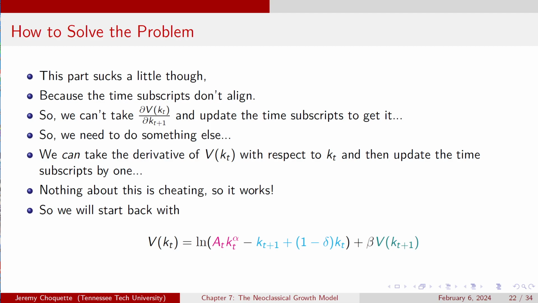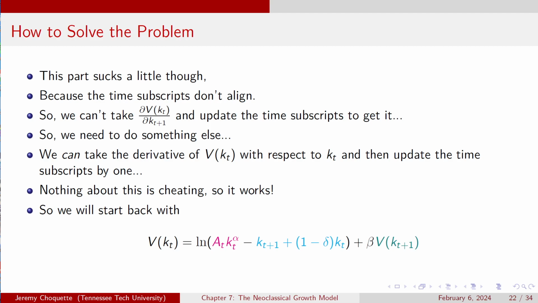They'll never match up. So I got to do something else. What I can do is take the derivative of V of kt. So I can go back to my original Bellman equation, and I can take the derivative of that with respect to kt, and then update the time subscripts by 1 period. Nothing about that's cheating, so this works.